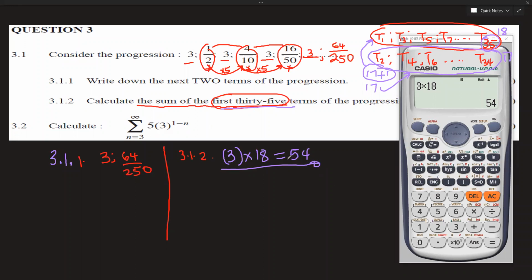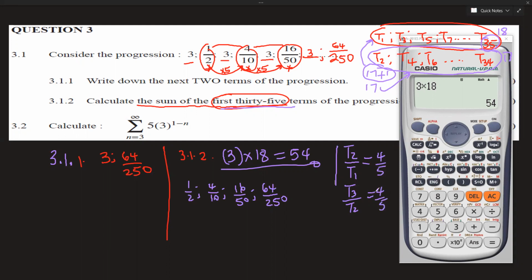Remember I said the other pattern is geometric. This one, T2, and then that, and then that. If you have time and want to prove it, you can prove that T2 over T1 gives the answer, you check T3 over T2, and the answers are all going to give you 4 over 5, because we multiply the top by 4 and the bottom by 5.